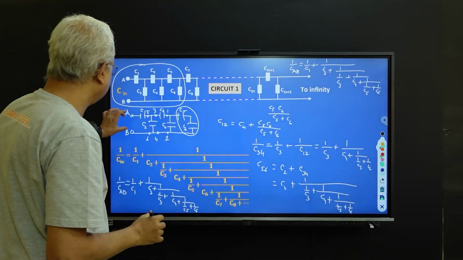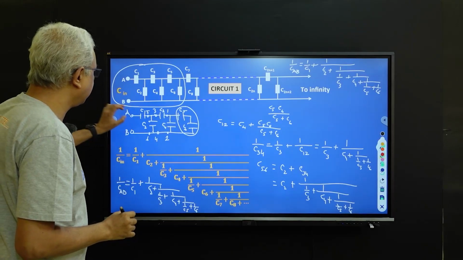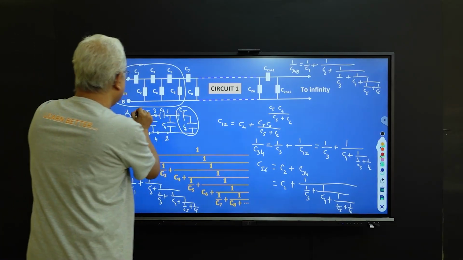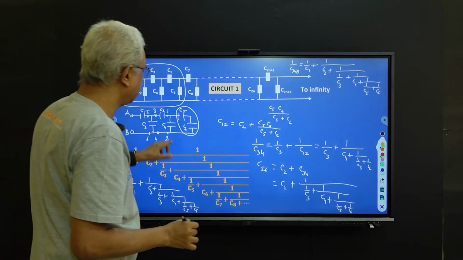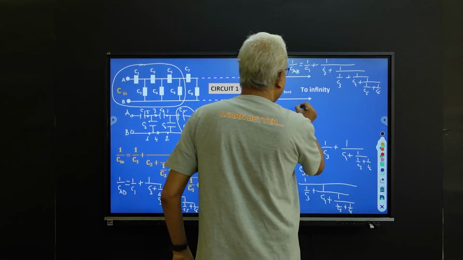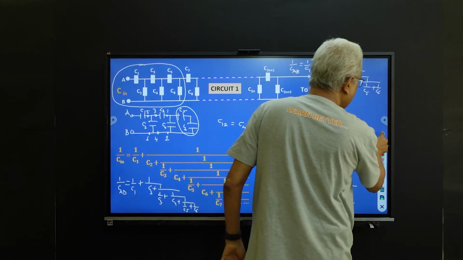Now, if all the capacitances are replaced by K times C1, K times C2, K times C3, K times C4, K times C5, K times C6, then how will the equivalent capacitance look?